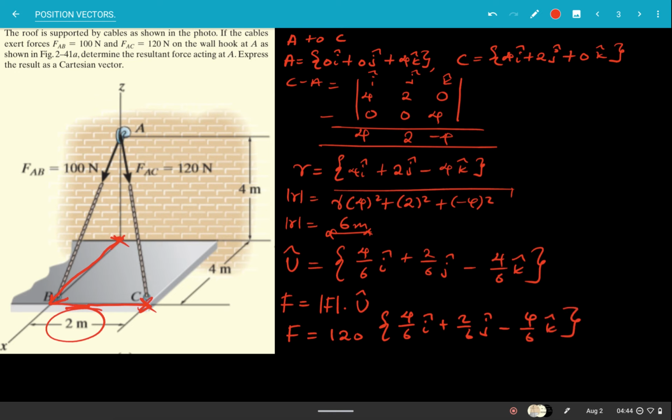So remember, the force that we're interested in, that we're looking at, is force AC. So we say force AC is equal to 120 times 4 divided by 6 in the I, and that will give you 80.